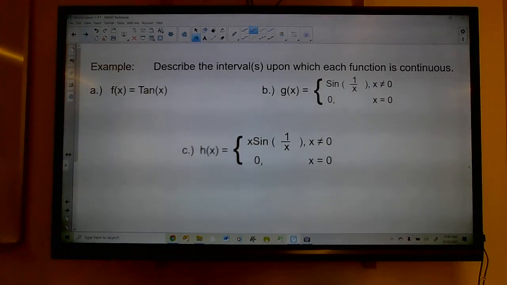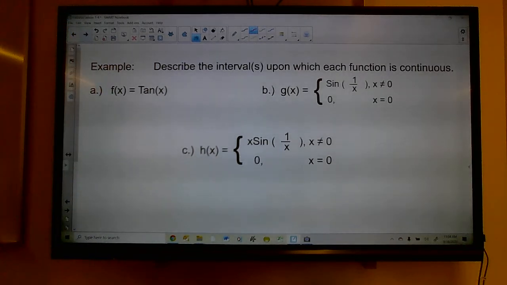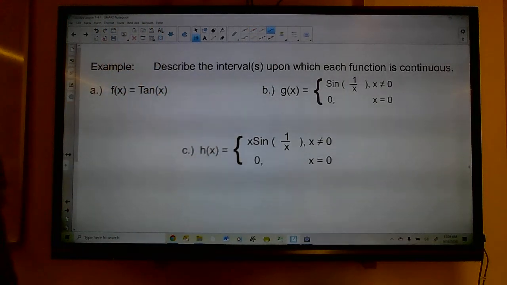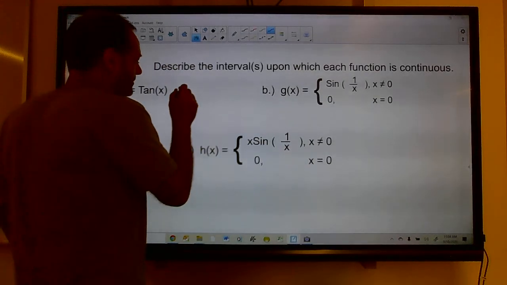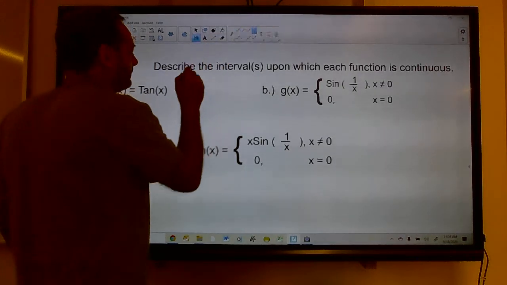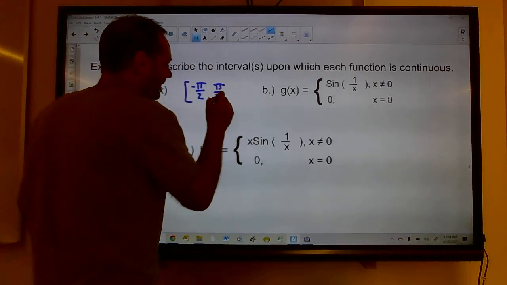Okay, so let's look at some of these. Describe the intervals upon which each of these functions is continuous. So f of x equals tangent x. Where would that be continuous? Well, tangent is discontinuous because it has an asymptote at pi over 2, and also at negative pi over 2. So we would say that this is continuous on the interval negative pi over 2 to pi over 2.